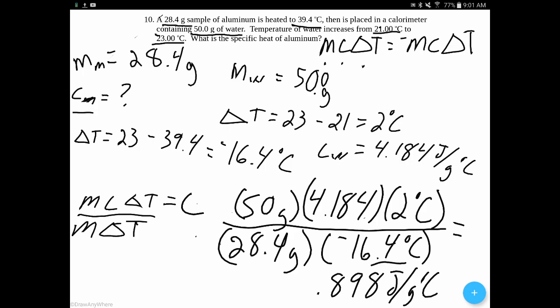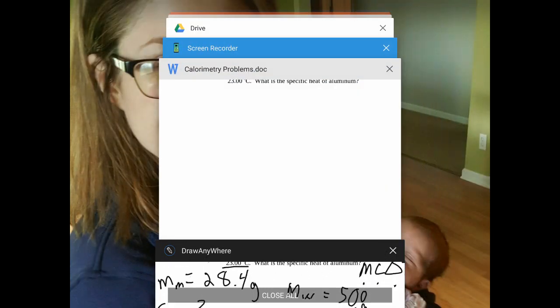So that is our C of aluminum, and that is that.